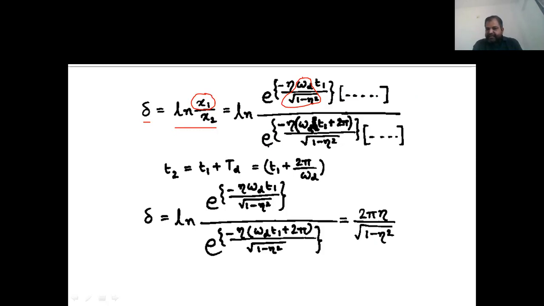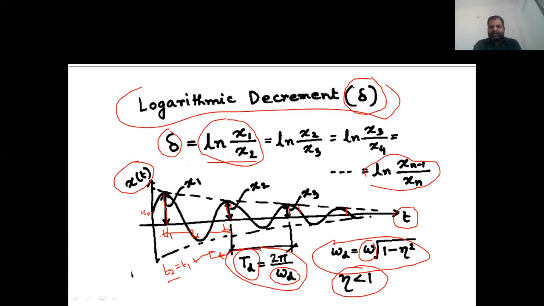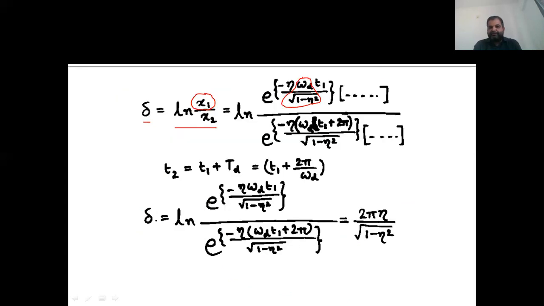Similarly, if you take e raised to minus eta omega d upon under root of 1 minus eta square, which is the replacement of this, the time here will come as t1 plus what will come? Either a 2 pi, because it completes one cycle. So basically it is nothing but 2 pi by omega d.